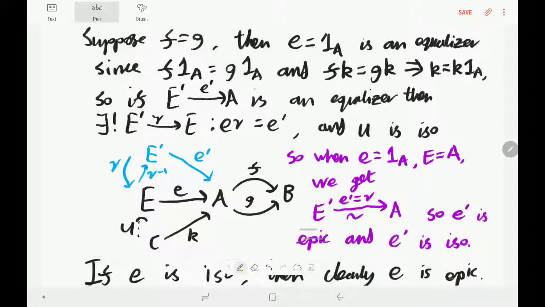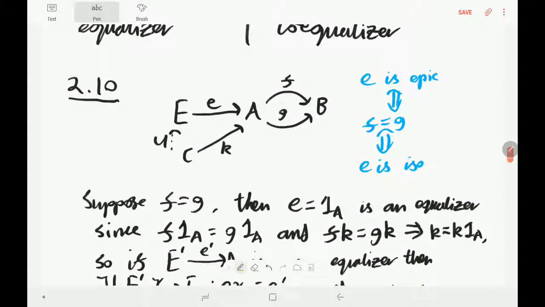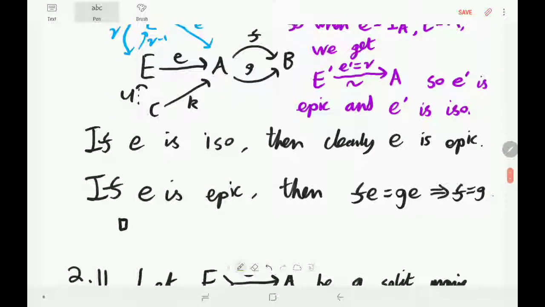We know such isomorphisms are epic, and of course they're isomorphisms. So we've shown that this middle statement implies the statement on the top and the statement on the bottom.